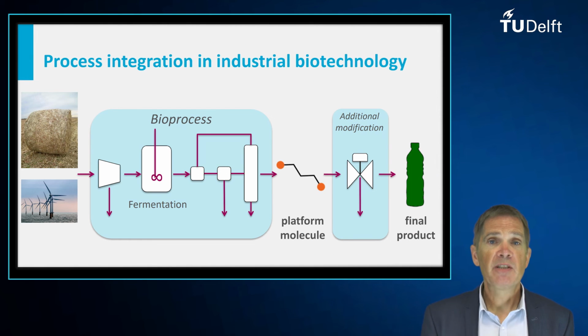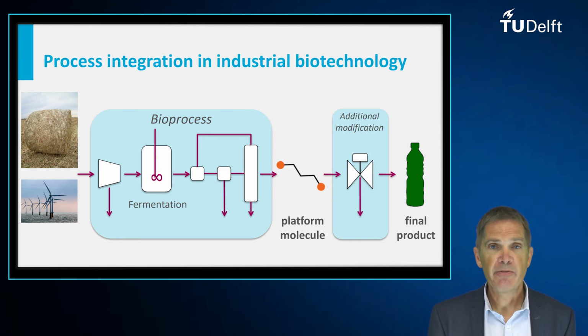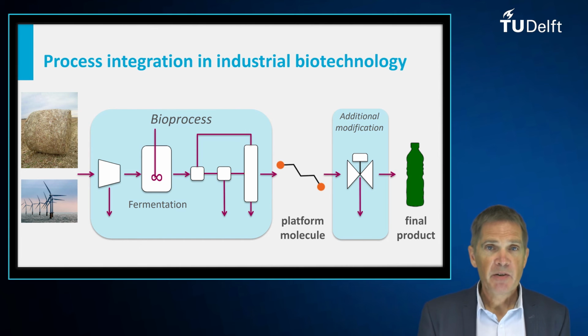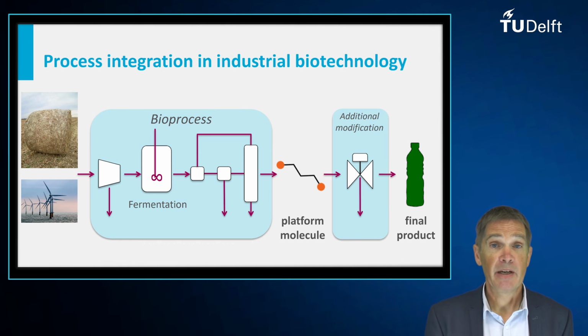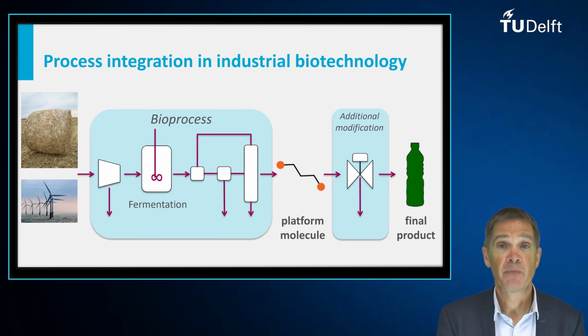In this brief introduction to industrial biotechnology, I've highlighted product formation by microbial cell factories in large-scale bioreactors. In practice, this so-called fermentation process represents only one step in a series of processes, or to use a process engineering term, unit operations.